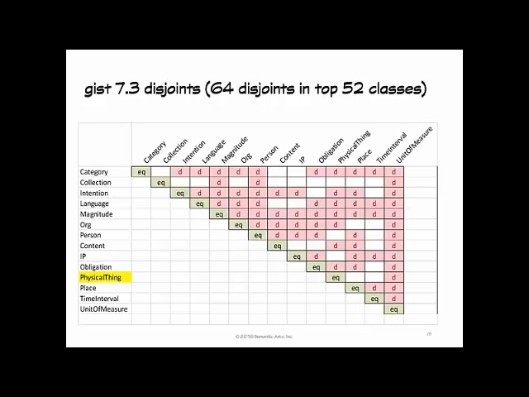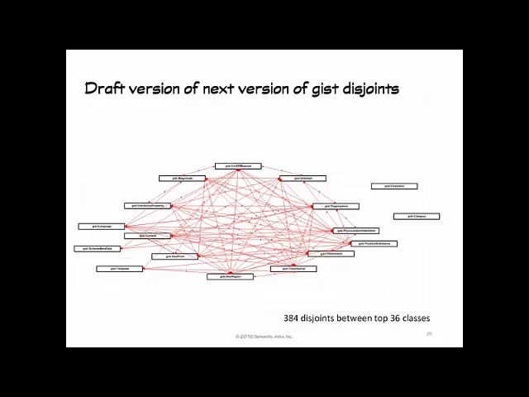I should have mentioned at the very top level of GIST, there's 52 classes and 64 disjoints derived from this table. So far, just from the top 36 classes, this seems a little bit high to me, with 384 different disjointness assertions. But I'm very optimistic that they're going to be both light and useful.